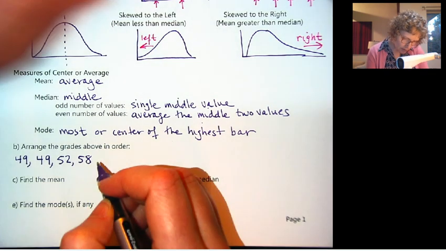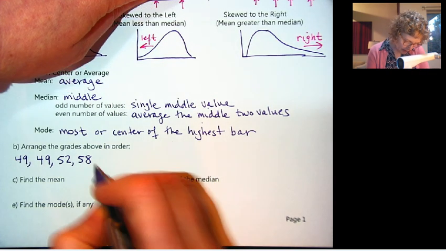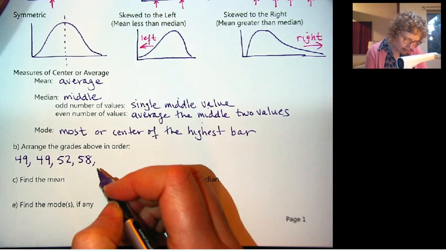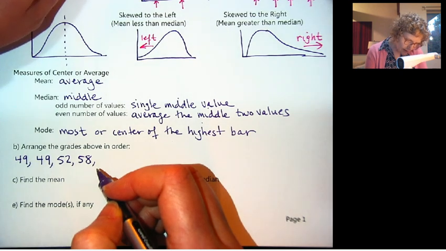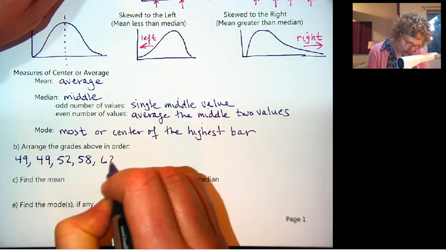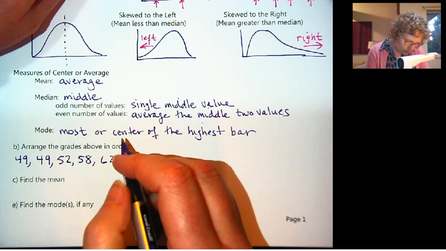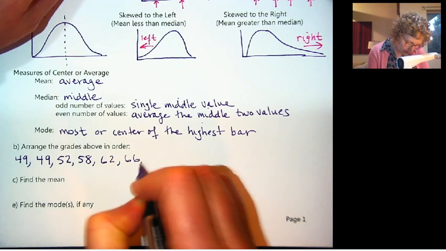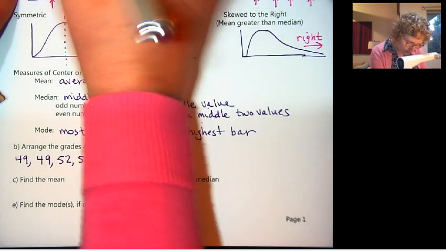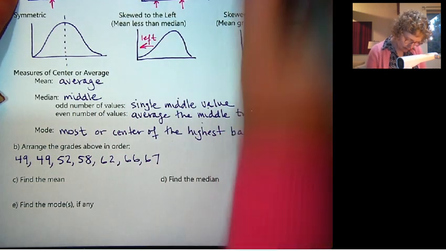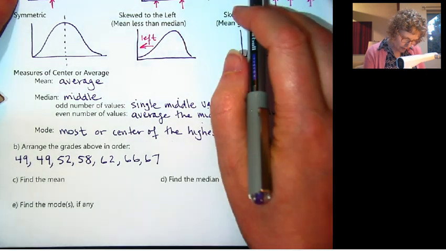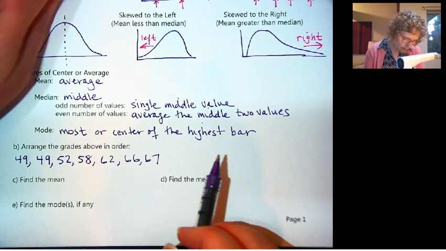I'm using my histogram to help me out here. We had 3 60s: 62, 66, 67. Then we had 5 70s.